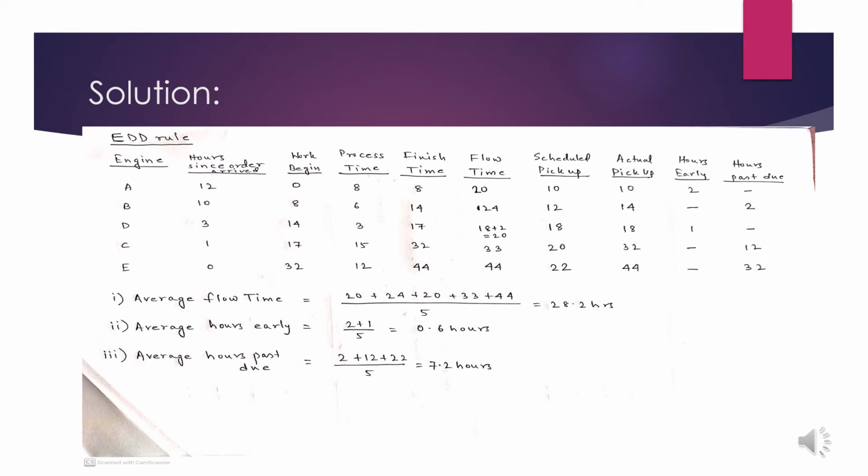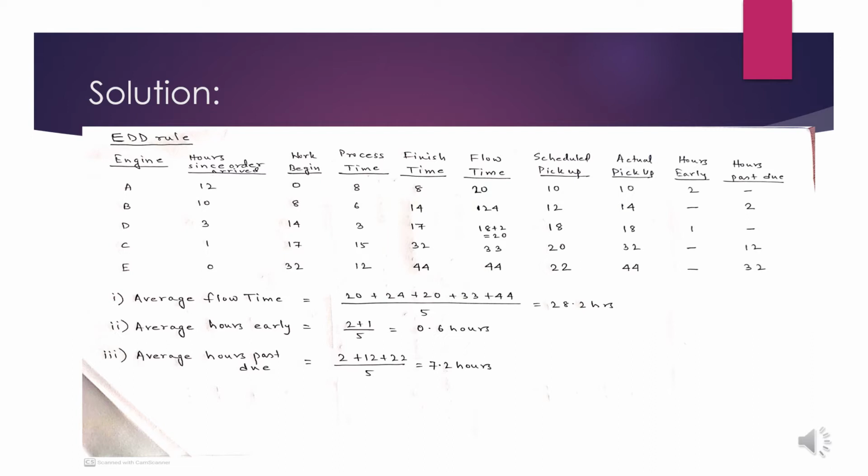Up to this point, let's talk about the scheduled pickup. Scheduled pickup is the earliest due date that we have talked about, so it has been arranged as it should be. Now coming to the actual pickup. See, students, the scheduled pickup of the work A, or engine A, is 10.